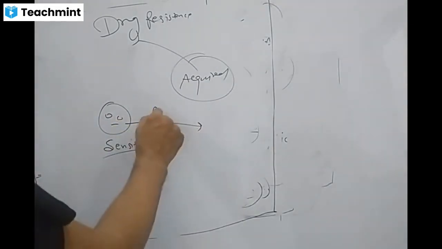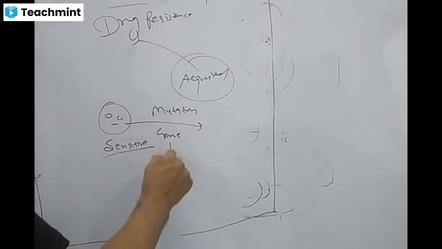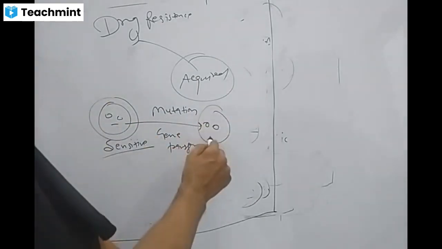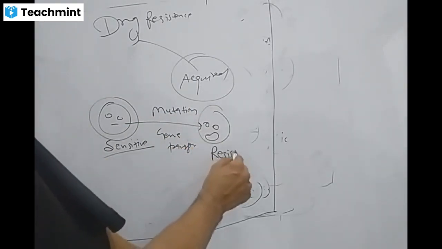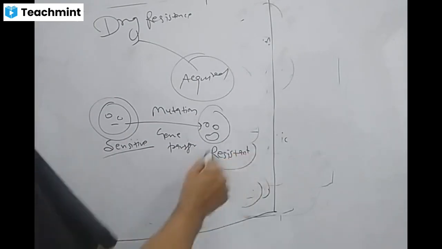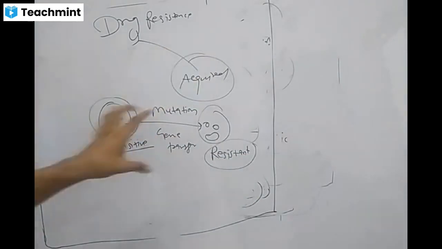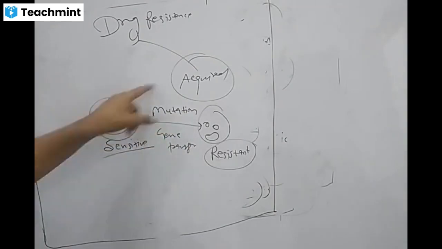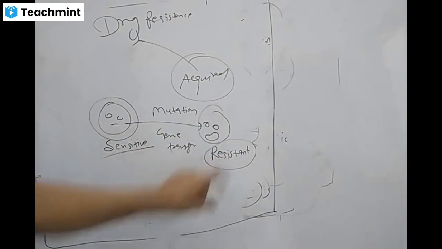Some kind of mutation or gene transfer occurs in the bacteria that may lead to one more bacteria, that is a resistant bacteria. So in acquired resistance, this bacteria was previously sensitive, but because of some mutation or some method of gene transfer, it now becomes resistant.